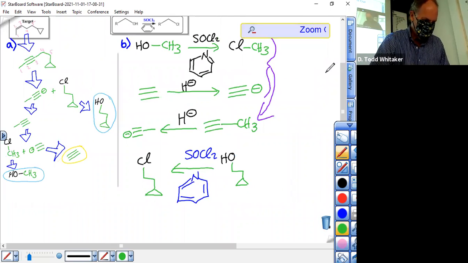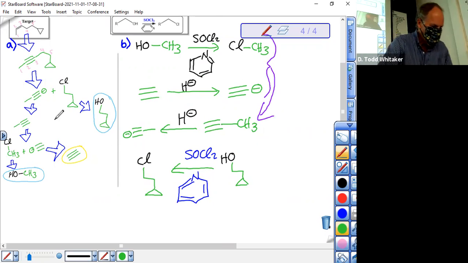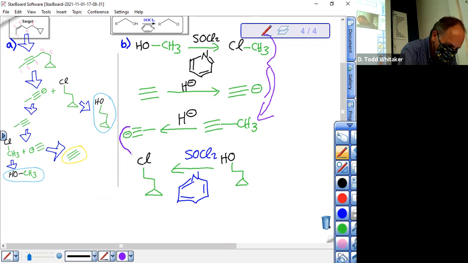Got 2 more steps. Mix the two. I got to mix this with this to make this, which means mix this with this to make that. Mix those two to get this.